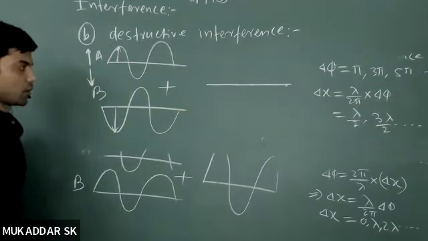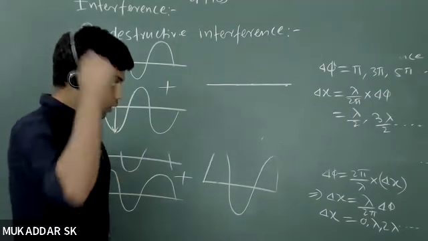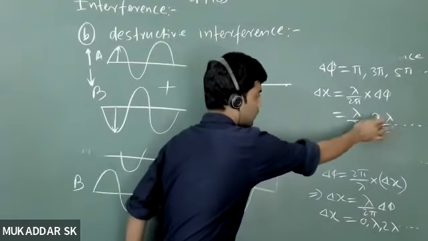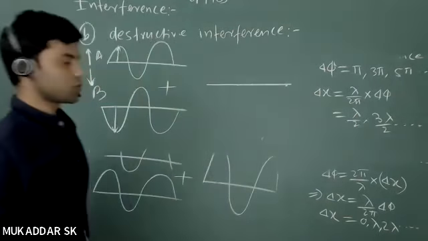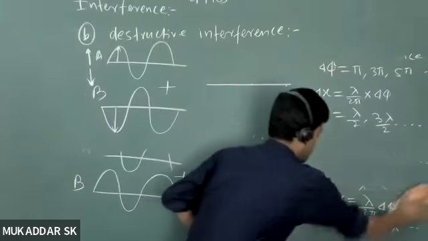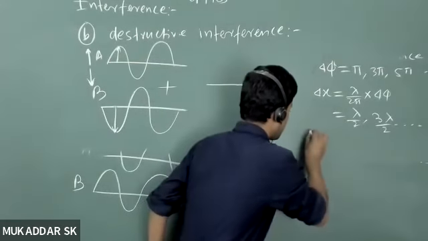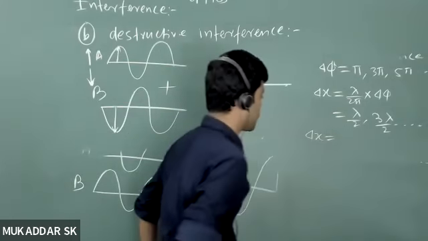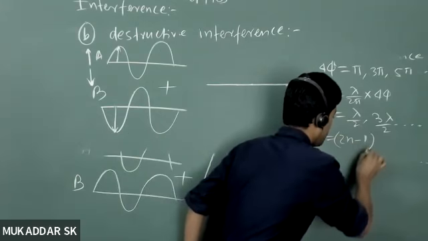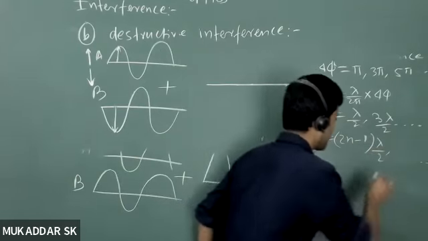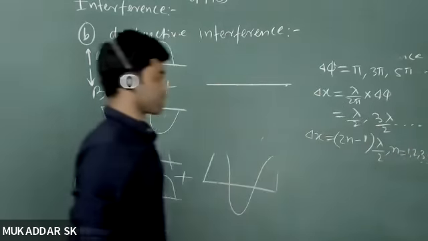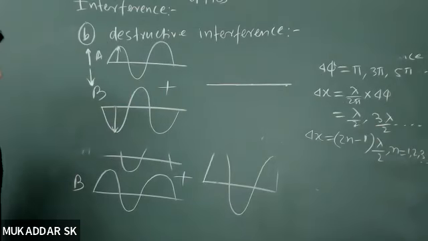So destructive interference will only occur when the path difference between rays is either lambda by 2, 3 lambda by 2, 5 lambda by 2, and so on. Okay. So you can write here, delta x, if writing in short form, should be (2n minus 1) lambda by 2, where n can be 1, 2, 3 and so on, right?